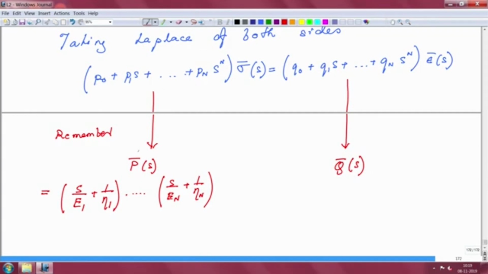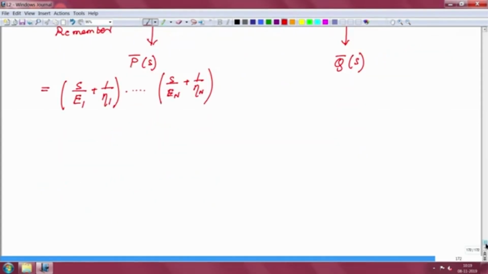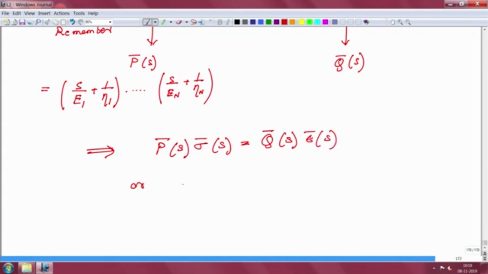In this case, the polynomial p can be easily factored, so the roots are very well known. So, this form is going to be very helpful for us in solving for the different cases.